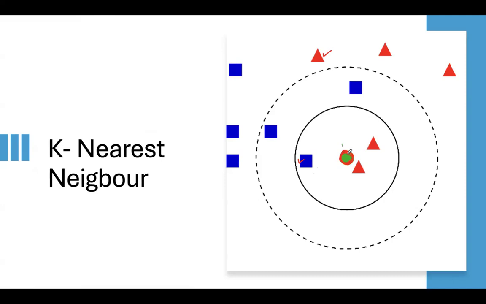I want to label this new point. What should I do? How will I label it? What is the intuition here? What do you think? Anyone? How should I label it?